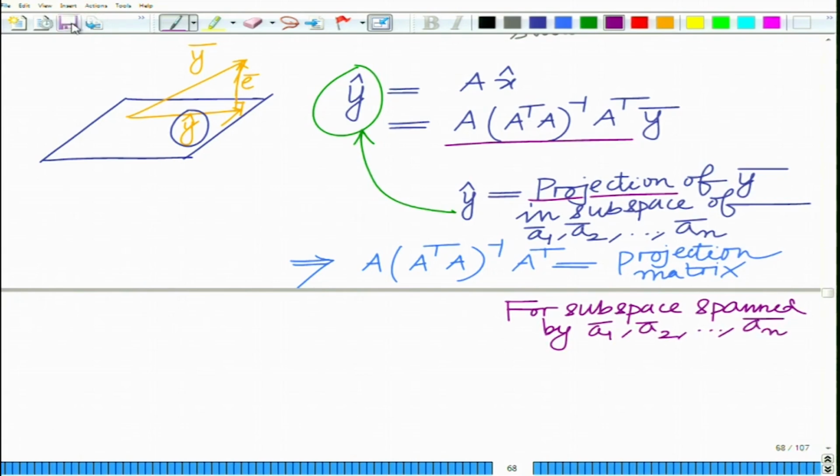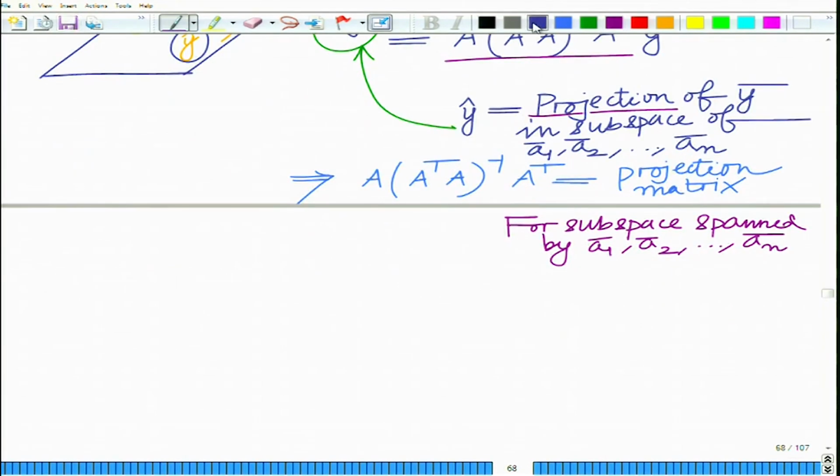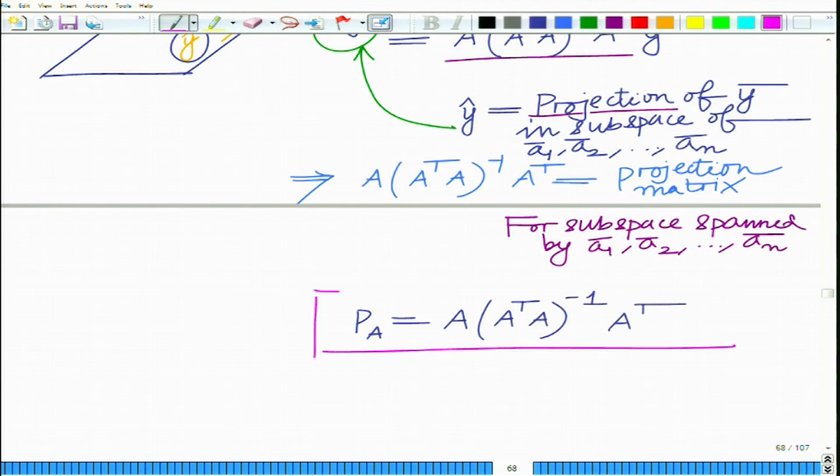This matrix, which is very interesting, is given as PA equals A times A transpose A inverse into A transpose. This is the projection matrix corresponding to the subspace that is spanned by the columns of the matrix A. Okay, and you can see this has very interesting properties.